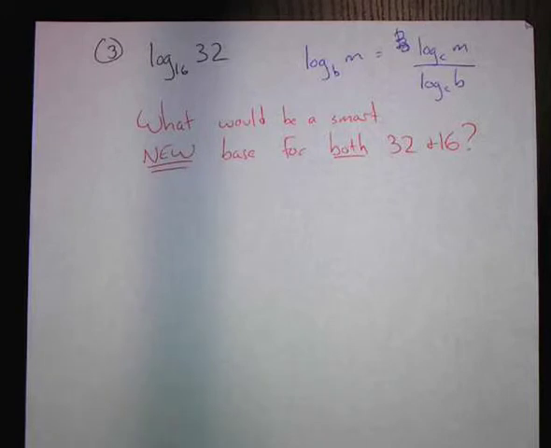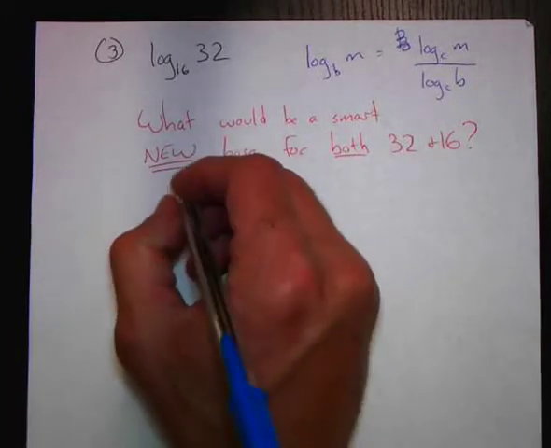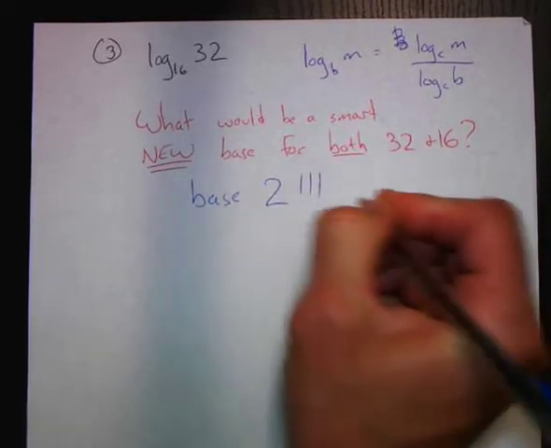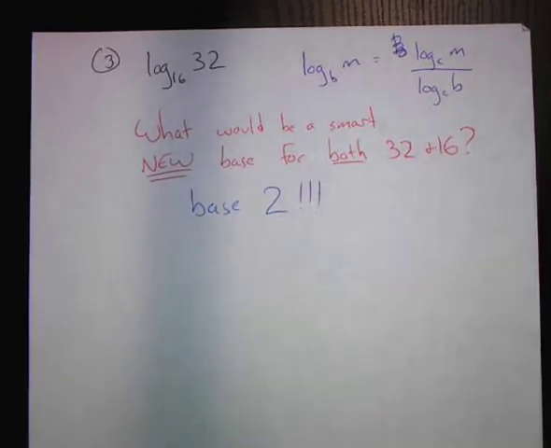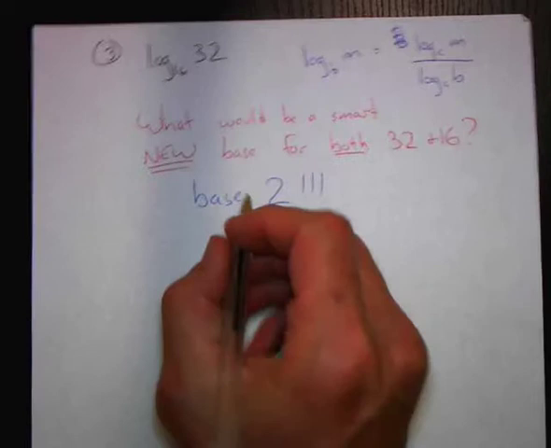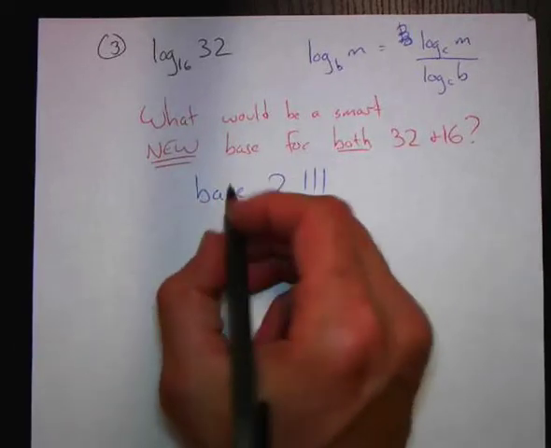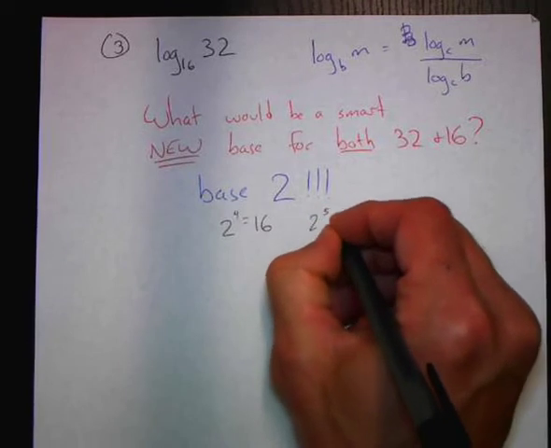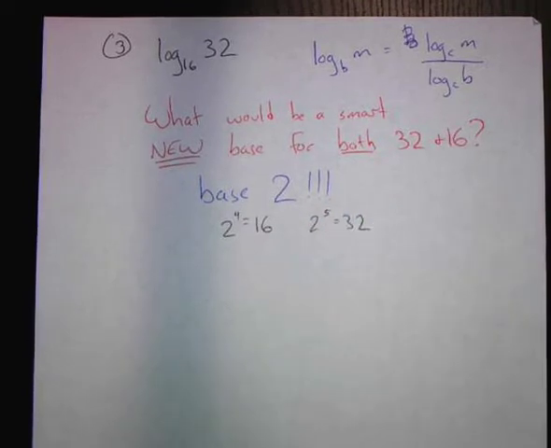Base 2 would be a smart new base for both 32 and 16 because we know 2 to the 4th power is 16, and 2 to the 5th power is 32. Isn't that a great new base? That means 2 is a great new base.